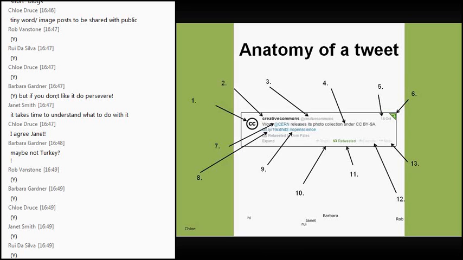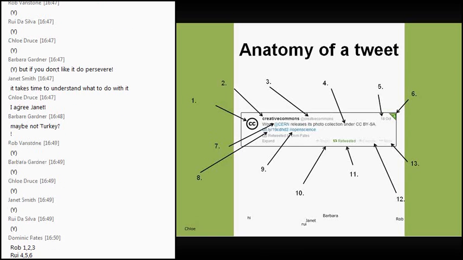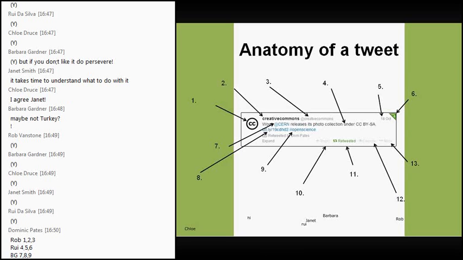Let me see, I'm going to give you all some numbers here. So Rob, I'm going to give you 1, 2, 3. Rui, I'm going to give you 4, 5, and 6. Barbara, I'm going to give you 7, 8, and 9.